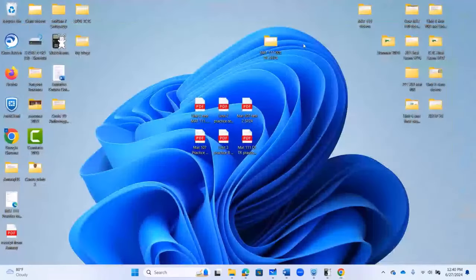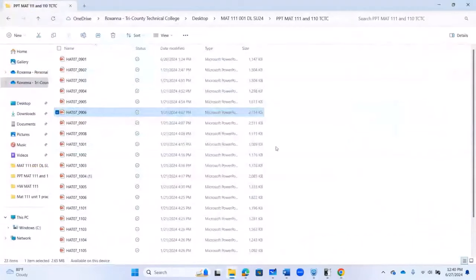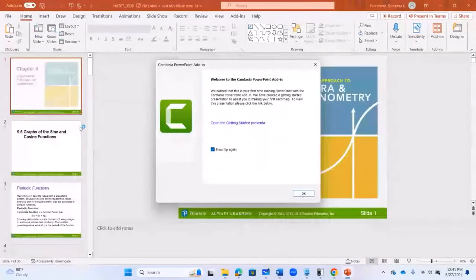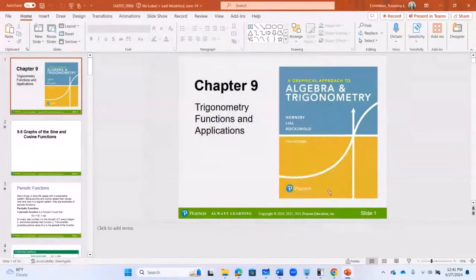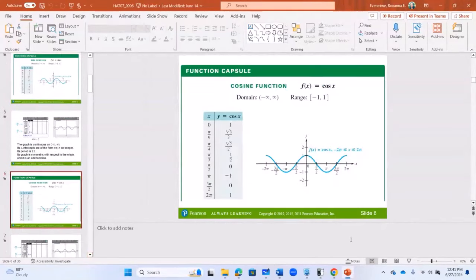I'm just going to go to the PowerPoint that we had and go back to 9.6. And it's already open. We also want to draw the cosine curve by ourselves and compare, because I don't want to use the one drawn by the book. Okay, here's the cosine curve drawn by our book.